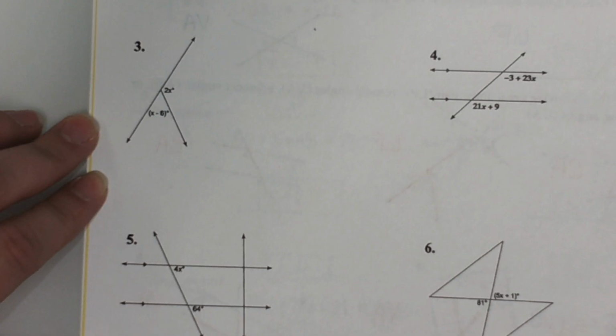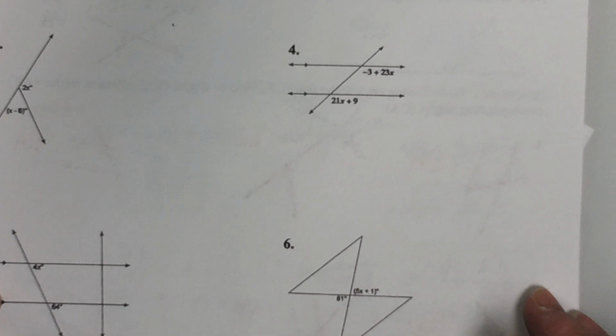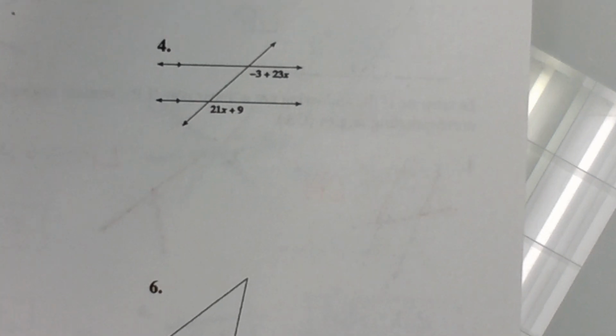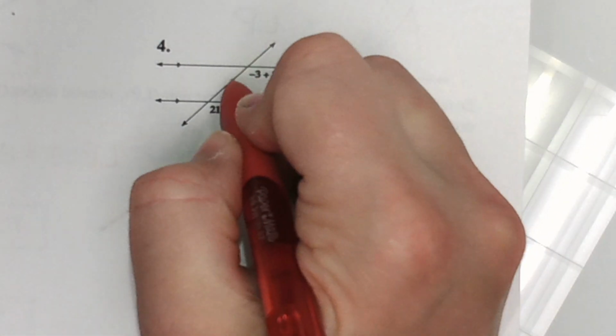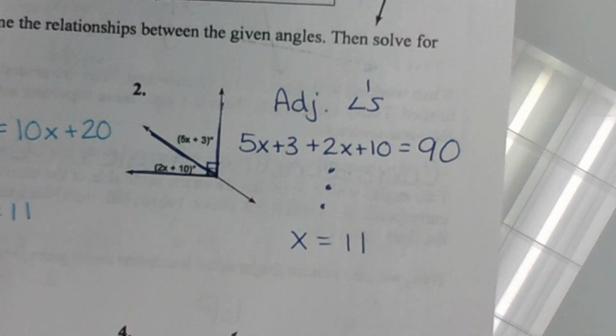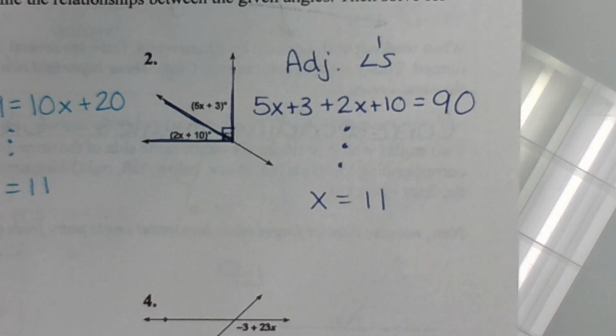For the sake of time, we're going to skip question 3. Move on to question 4. Ooh. Back up a little bit. Go back to question 2 for a second. We missed a part of the instructions. Did I label a transversal?